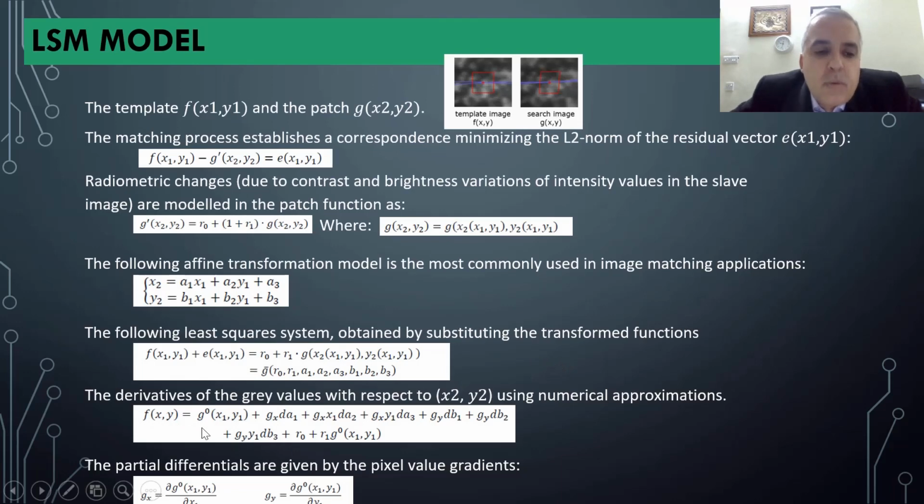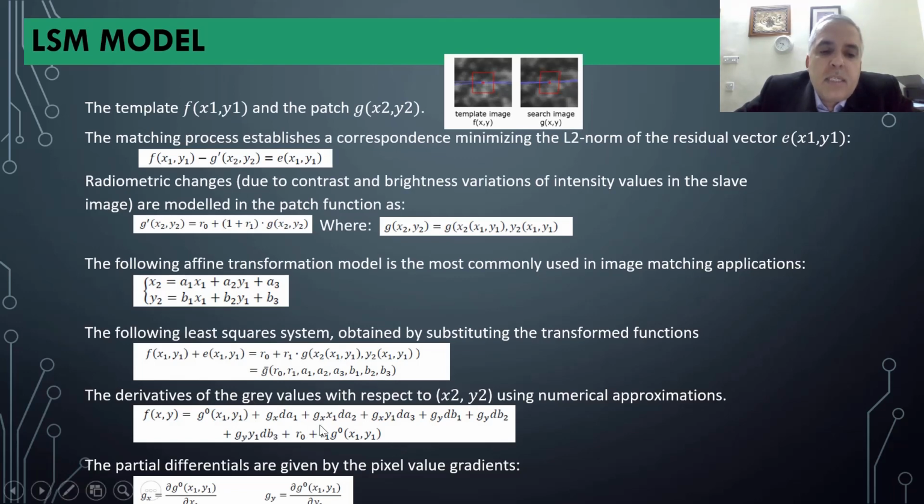f(x,y) equals g(x0, y0), and as you can see here, we will linearize the equation because the nonlinear is difficult to solve. With this, we will use the linearization by Taylor series, and we will get this value.